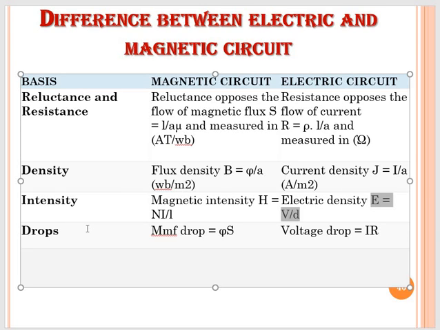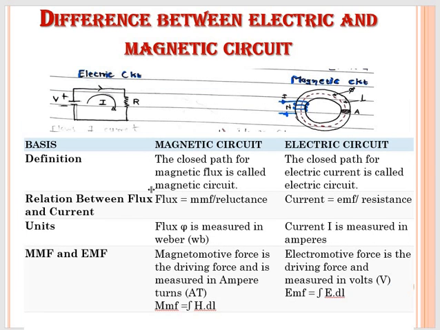Now the drop in the magnetic circuit is the MMF drop, phi into S. And in the electric circuit there is a voltage drop, and it is given by I into R. So here a total of 9 points are given.